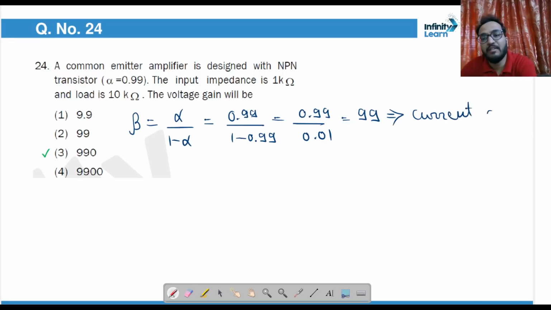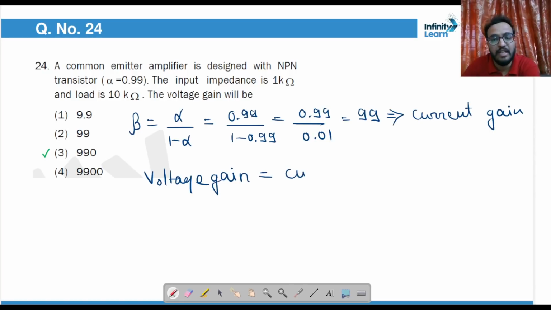Now what is voltage gain? Remember, voltage gain is equal to current gain into resistance gain.